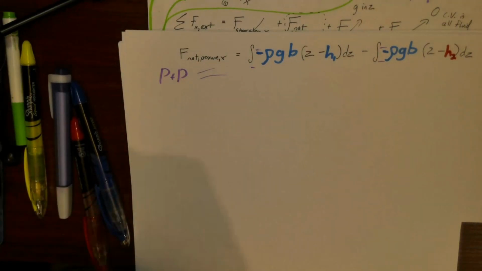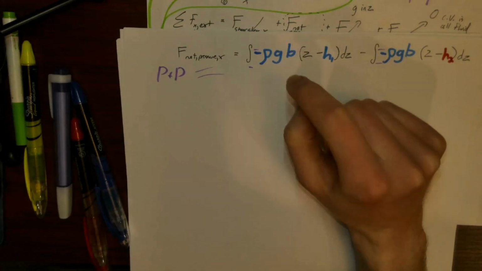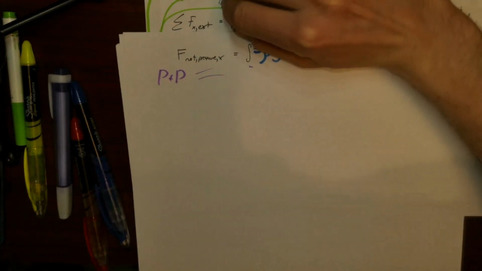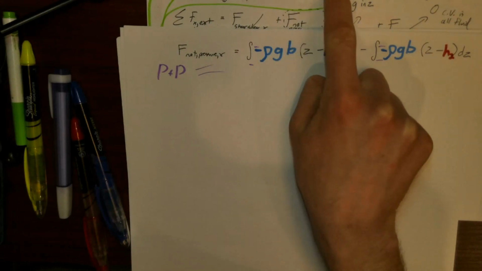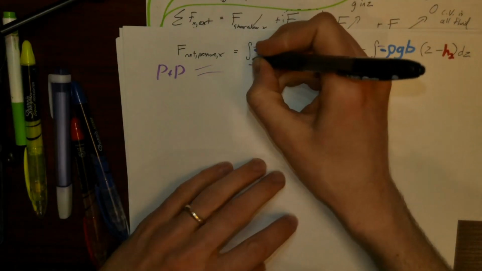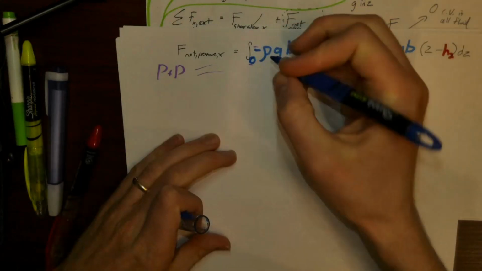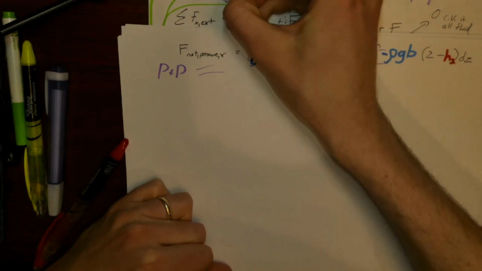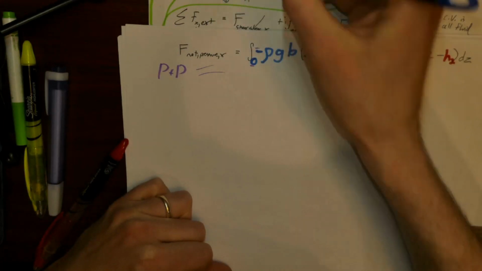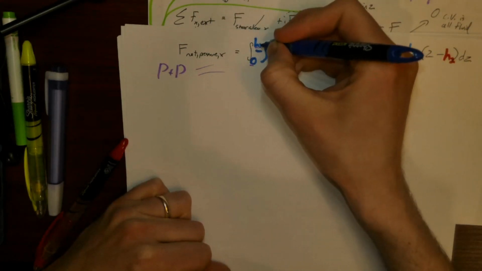So hopefully we've had a chance to pause and ponder. The limits of integration basically correspond to the lower and upper limit that we're integrating pressure across in here. So we define z equals 0 to be the bottom here. So we're integrating from z equals 0 to z equals h1 on the first surface.